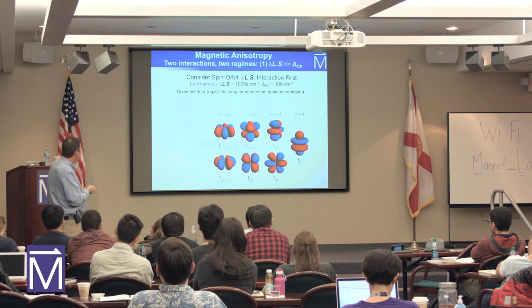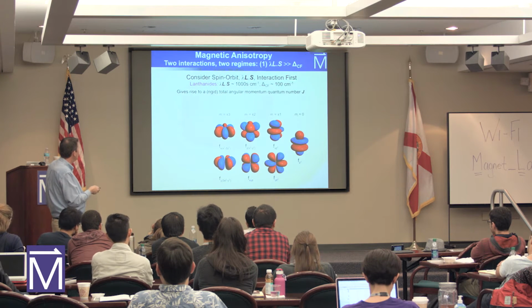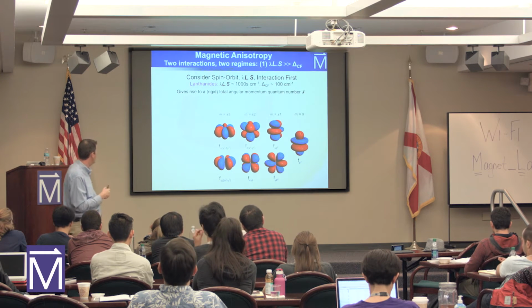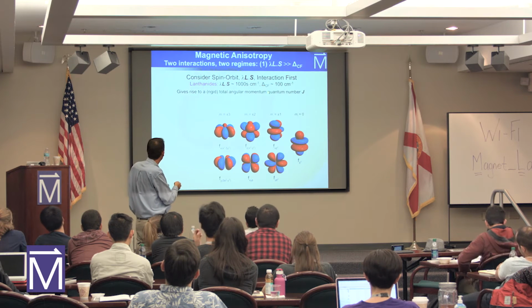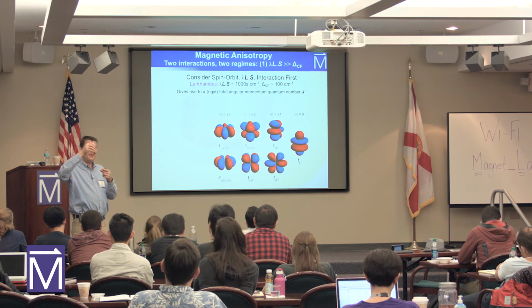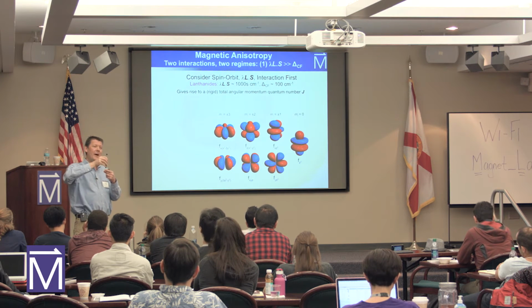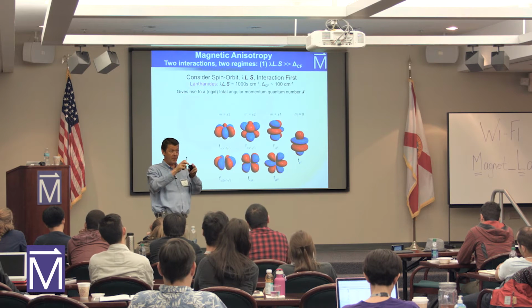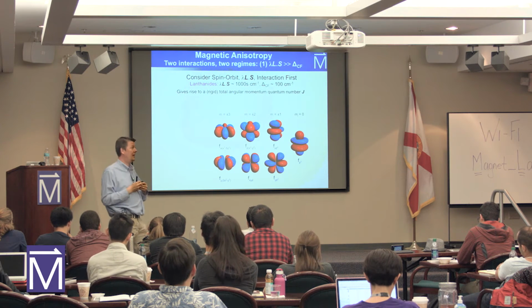But the other important interaction in materials is the crystal field. I'll come to it in a moment. Oh yeah, here it is, the crystal field interaction. If you have an electron in an atom, it has to couple to the orbital angular momentum in order for the spin to know something about the orbitals that it lives in.